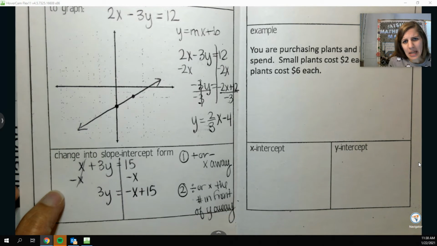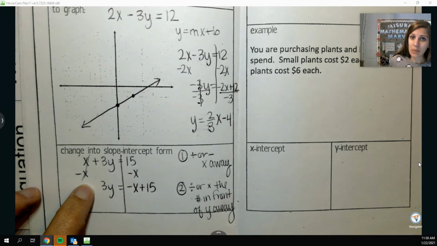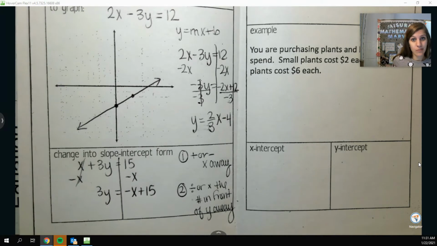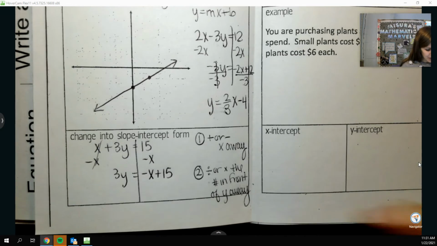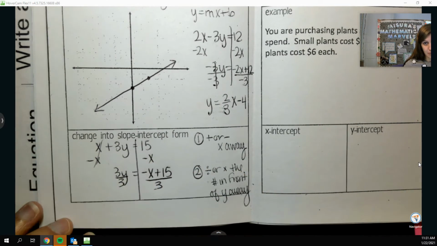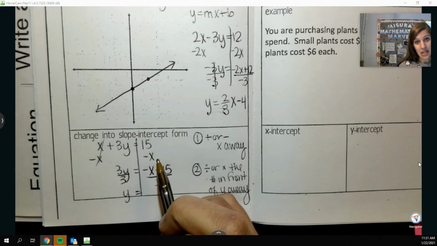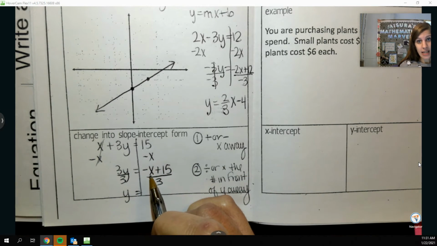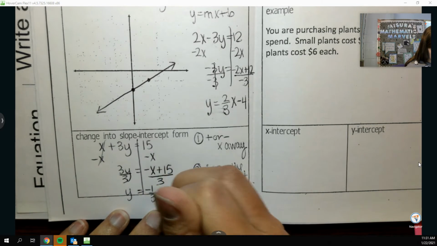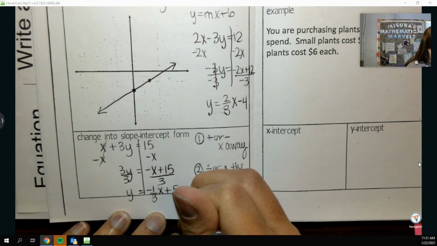Now, normally you're probably going to divide, like here I'm going to divide, but you might have to multiply if it was a fraction, which it shouldn't be, but weirder things have happened. So we'll divide by 3, and we have to divide everybody by 3. So we'll have y alone. Now, really in front of this x right now, there is a hidden 1. So when I write out the slope, it's going to look like negative 1 over 3x. And then 15 divided by 3 is 5.